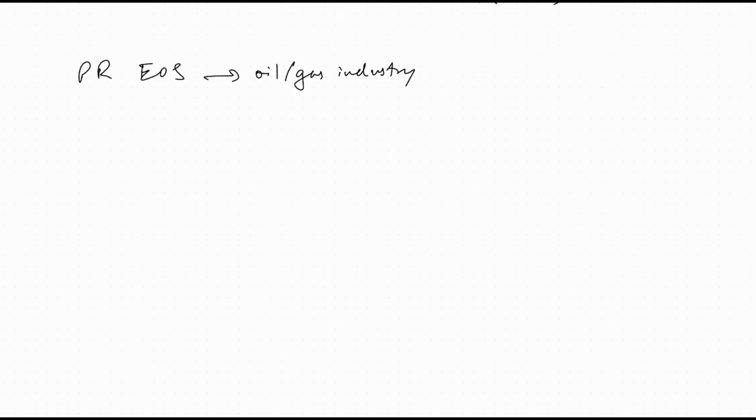Another one is Redlich-Kwong. These are all just different ways of estimating the physical properties of the gases that you're working with, right? And Aspen does have a nice guide that allows you to look through and see, okay, based on the components that you're working with, which equation of state do they recommend?